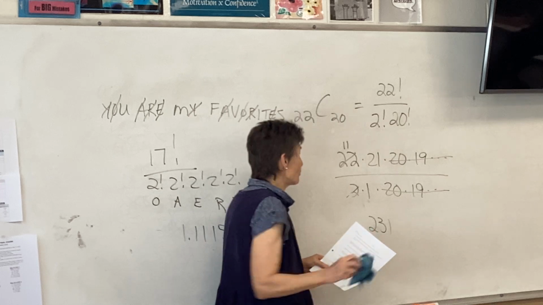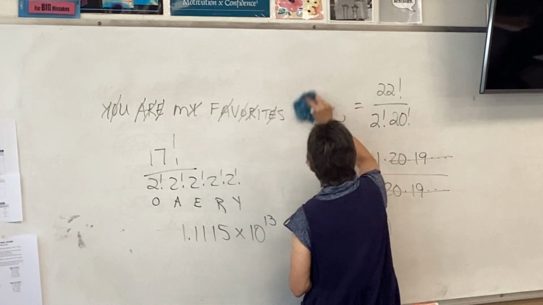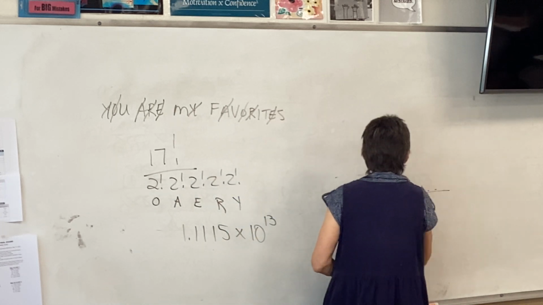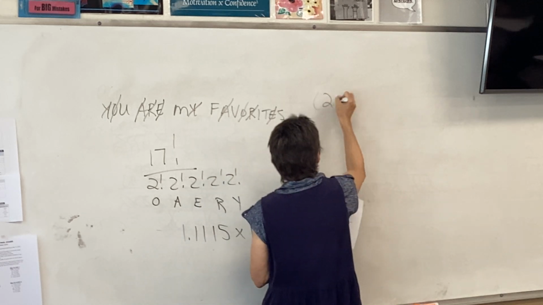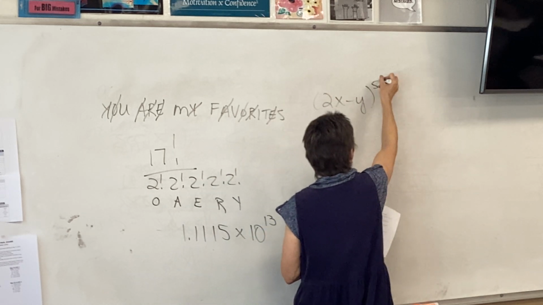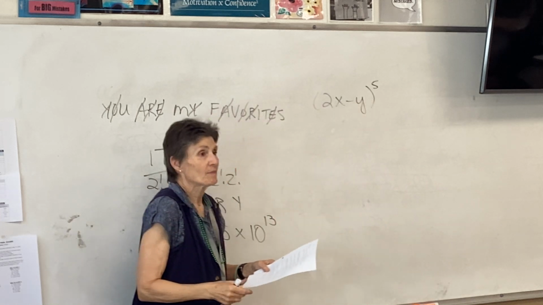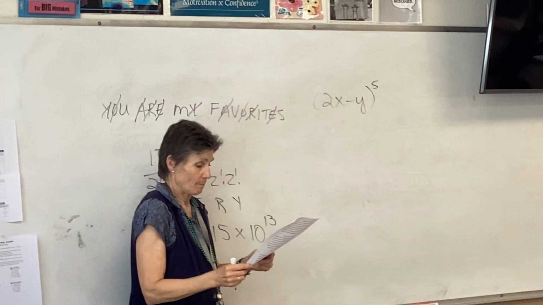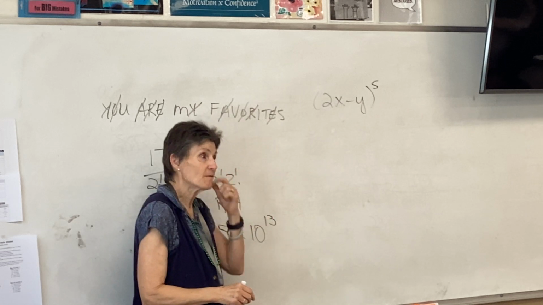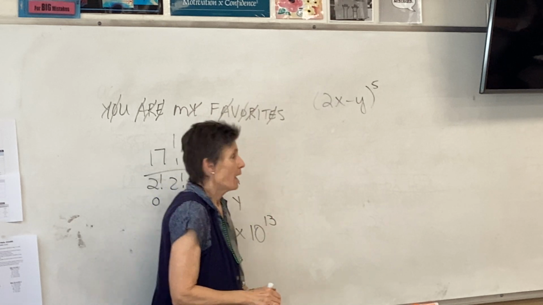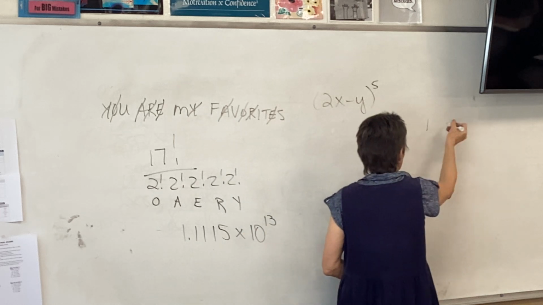Find the third term of the expansion of 2x minus y to the 5th. We want the third term. Now, since it's to the 5th power, I'm going to look at Pascal's triangle.